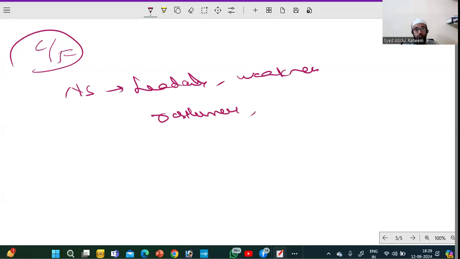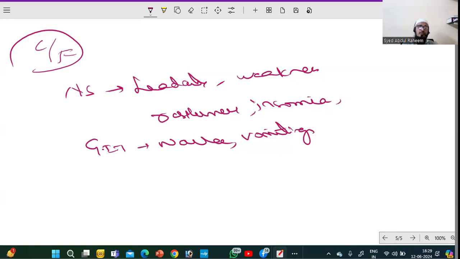Okay, these cause insomnia. Gastrointestinal tract, what do we have? We have nausea. Yesterday we talked about that. Nausea, vomiting. These are the symptoms. Respiratory system: some patients have SOB, shortness of breath, and sometimes dry cough.